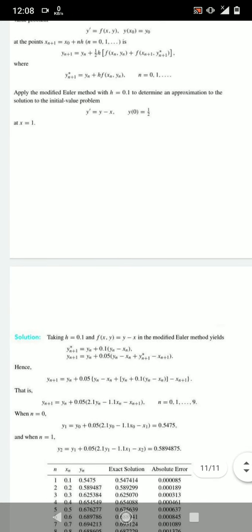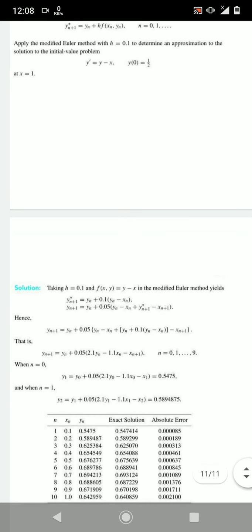Now first example: apply the modified Euler method with h equal to 0.1 to determine an approximation to the solution to the initial value problem y' = y - x, y(0) = 1/2. This is the same problem that we have already discussed using Euler's method.